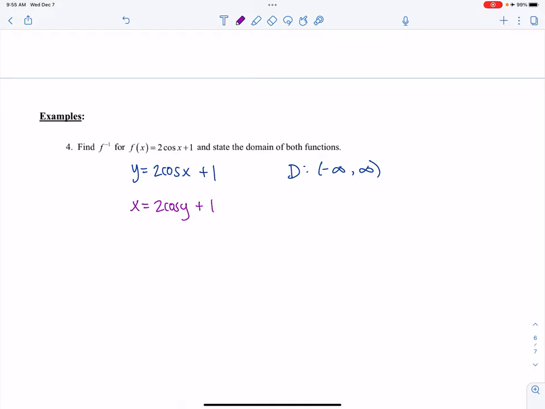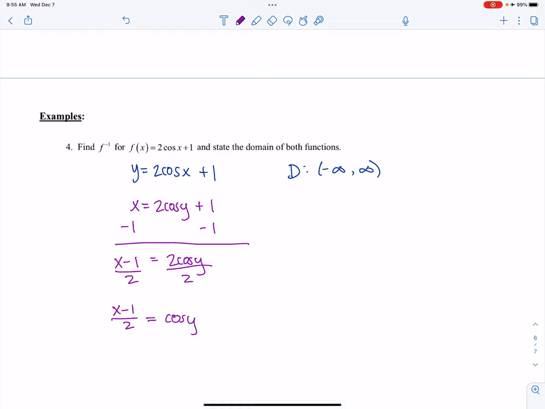So I'm going to subtract 1. Whatever I do to one side, I have to do to the other. So I have x minus 1 equals 2 cosine y. And then we'll get cosine alone, so we'll divide by 2. So we have x minus 1 over 2 equals cosine y.